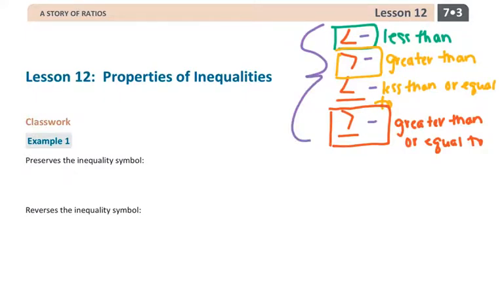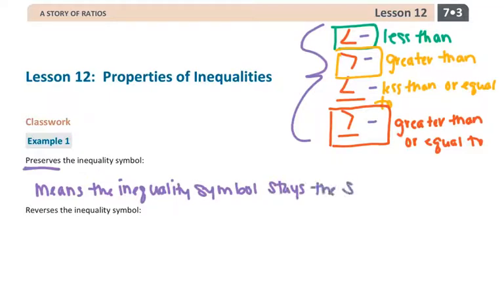What it means to preserve that inequality symbol is that it is going to stay the same. So if you're taking notes, please write this down. Means the inequality symbol stays the same.